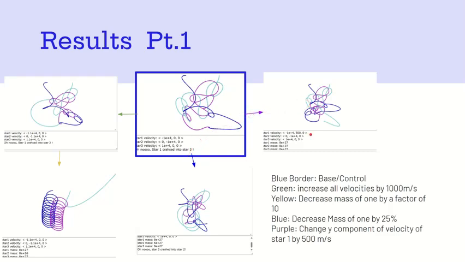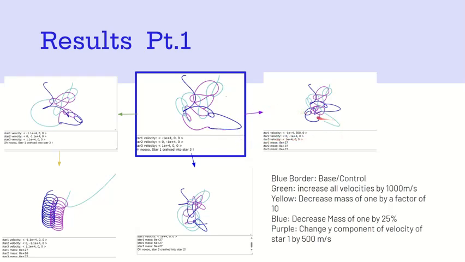Over here, we changed it by changing the y component of velocity of star 1 by 500 meters per second. That's a very small change for bodies this big and for distances this large. But as you can see, there was a very considerable difference in the motion of these stars.